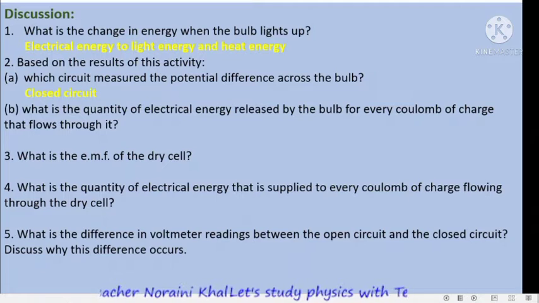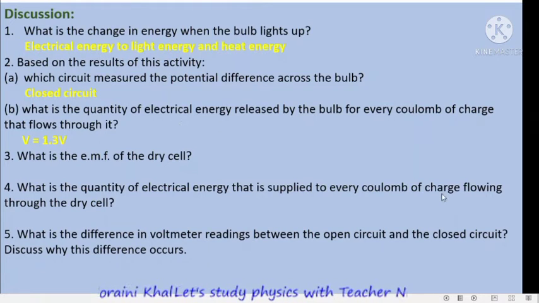Closed circuit. What is the quantity of electrical energy released by the bulb for every coulomb of charge that flows through it? The value of electrical energy per unit charge is 1.3 volt. The amount of electrical energy for every coulomb of charge is 1.3 joule.